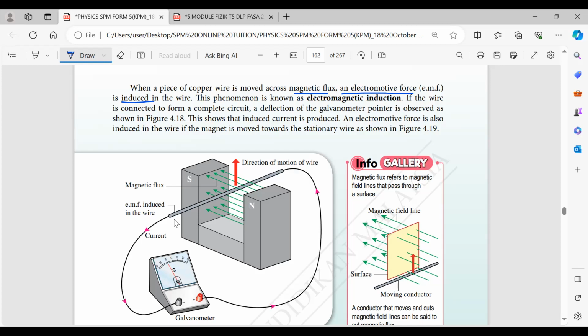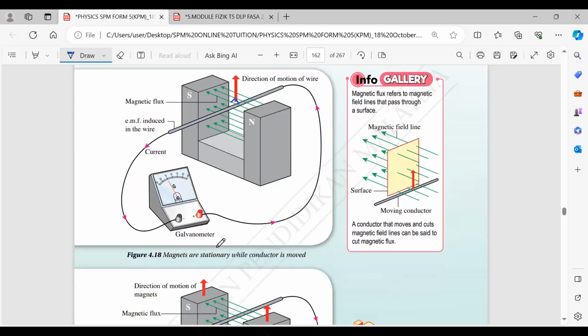When the conductor is moved perpendicular to the direction of the magnetic field, it is going to cut the magnetic field. So there will be a change in the flux, EMF will be induced, and current will be observed in the galvanometer. The magnetic field lines pass through the surface where the conductor is moving.